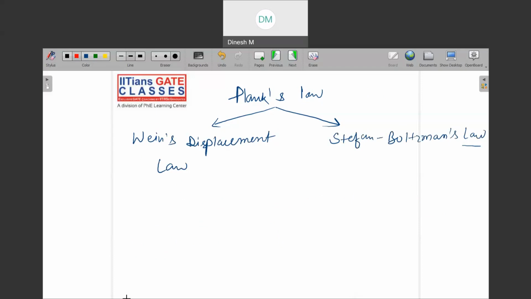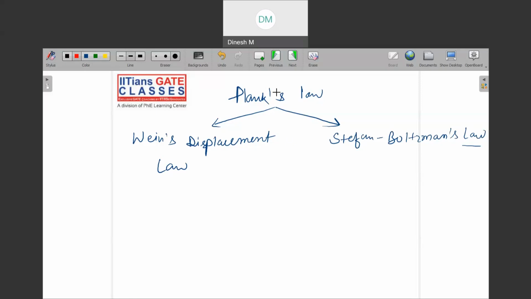Sometimes they ask which of the following helped us to reach other laws, or they can ask that Wien's displacement law is derived from, Stefan-Boltzmann's law is derived from. So we should take care that these came from Planck's law only.